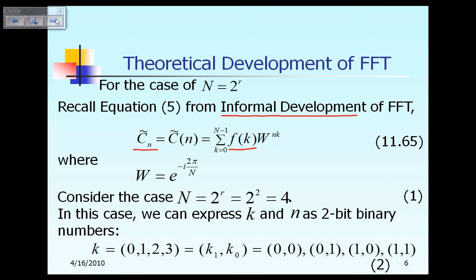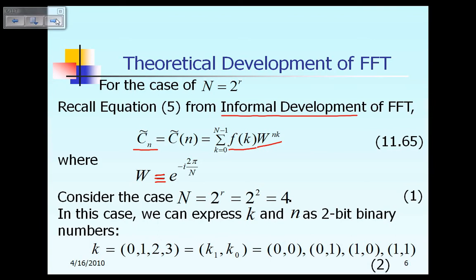And c theta n can be computed based on the known value f of k multiplied by w raised to the power small n times small k. And at that time, we also defined w as e raised to the power minus small i times 2 pi divided by capital N, as shown in equation 1.